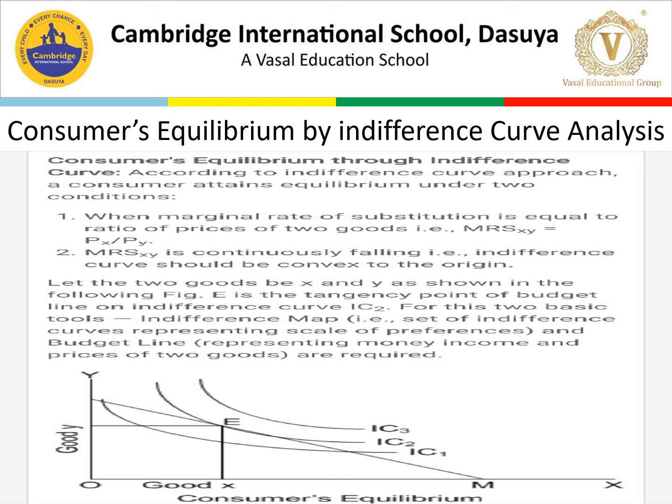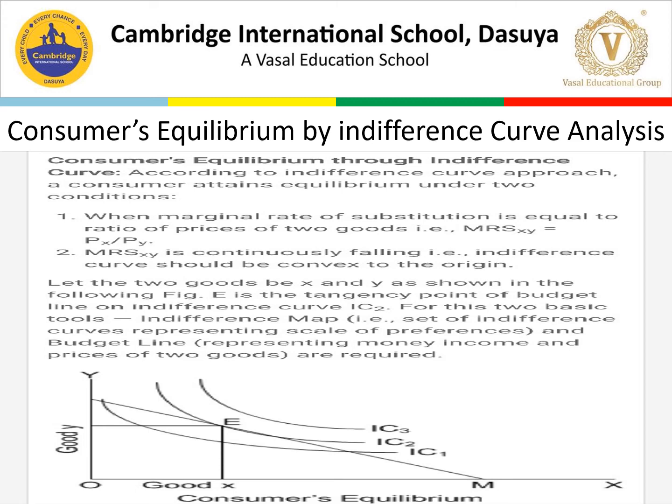You can see there are three indifference curves. First one is IC3, second one is IC2, that will be made with the help of tangent E, and that is represented with M on the graph. So this is the point of consumer's equilibrium under the indifference curve. Then as the last curve, that is IC1.